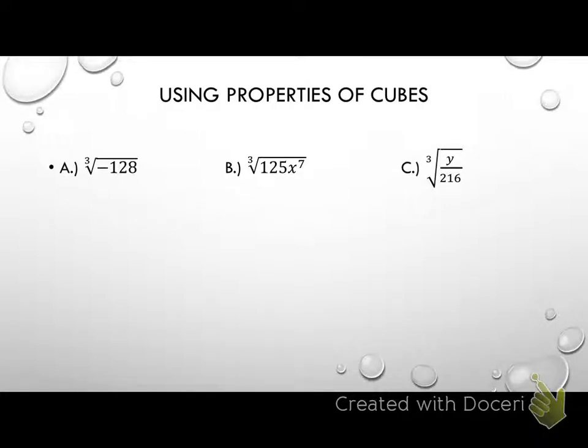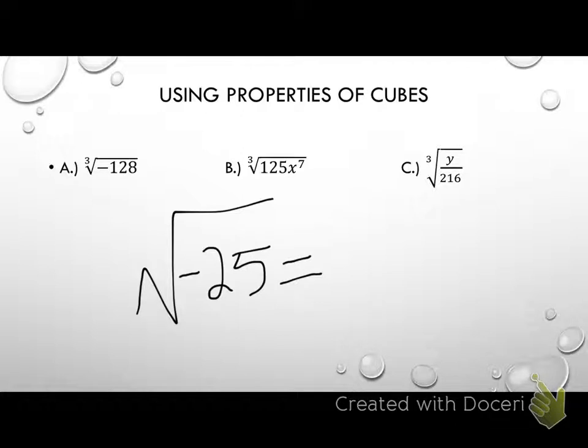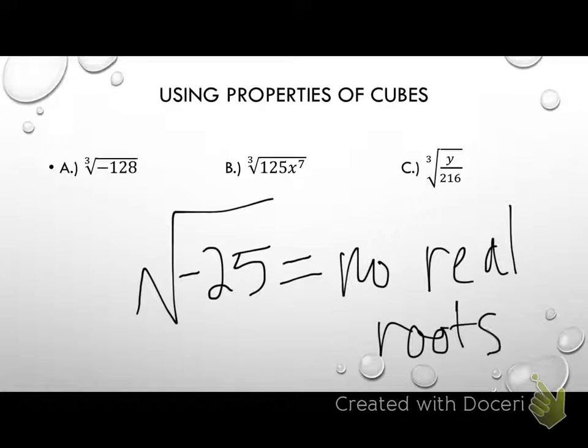For our first one, we have the cube root of negative 128. So we want to find our biggest perfect cube that goes into 128. Now if you notice, there's a negative number under our radical. If I gave you the square root of a negative number, I'm not able to do that. I don't have any real roots if I take the square root of a negative number, because remember, with square roots we're asking ourselves what number times itself gives me the number under the radical.